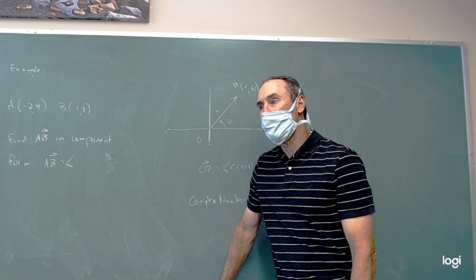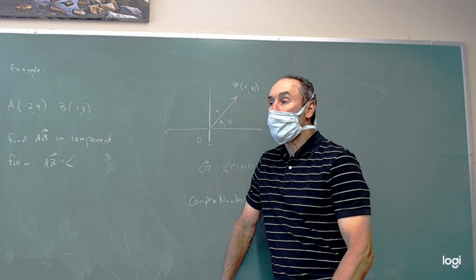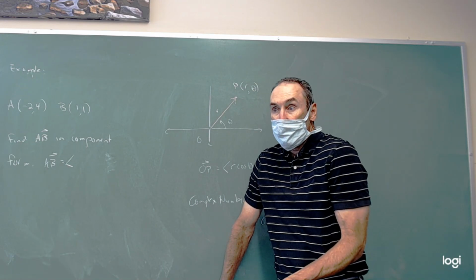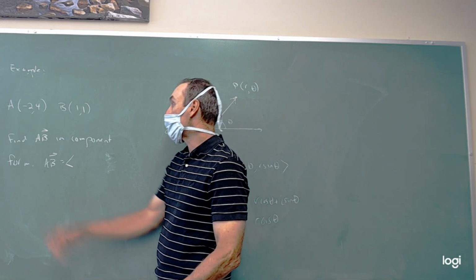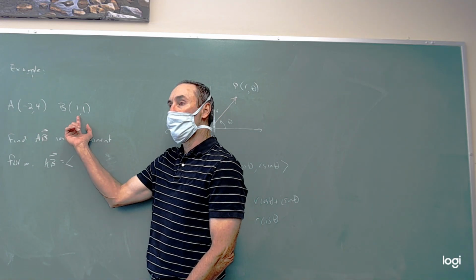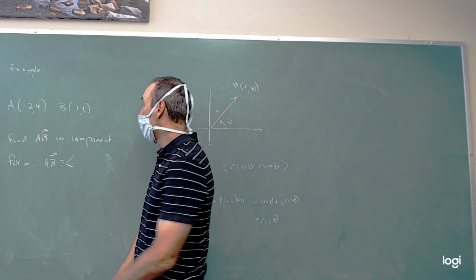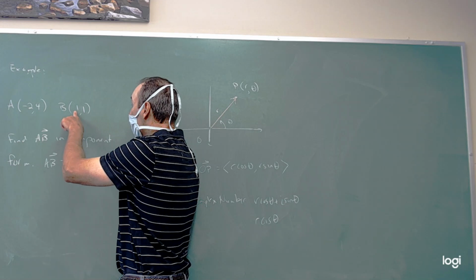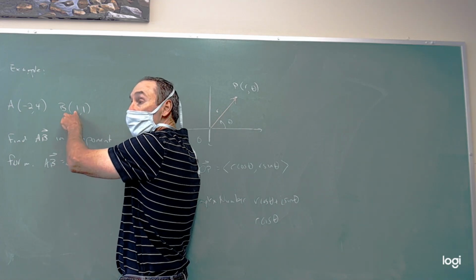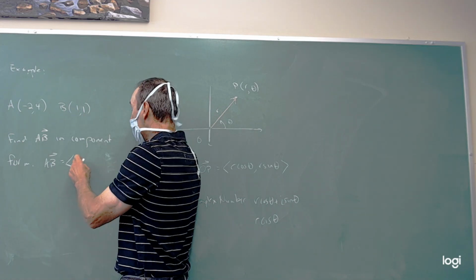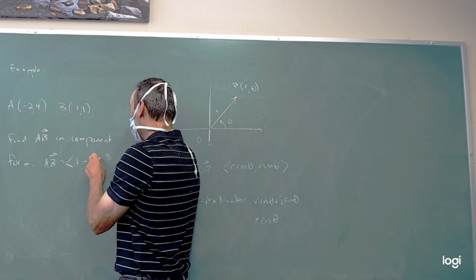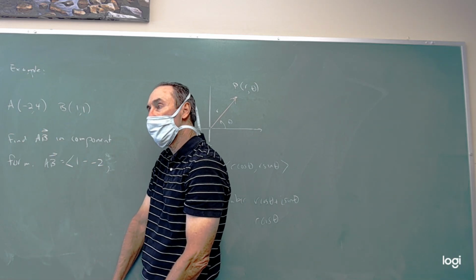So to find the x component, since it's starting at A and going to B, we go tip minus tail. So you take the x coordinate of the ending point, the terminal point, minus the x coordinate of the initial point, the beginning point.